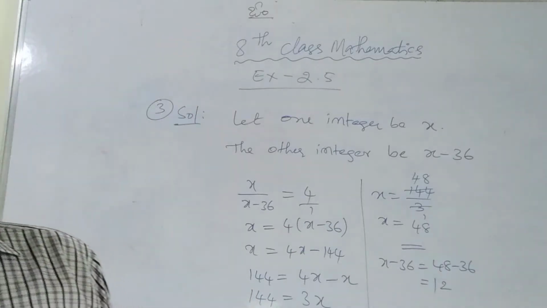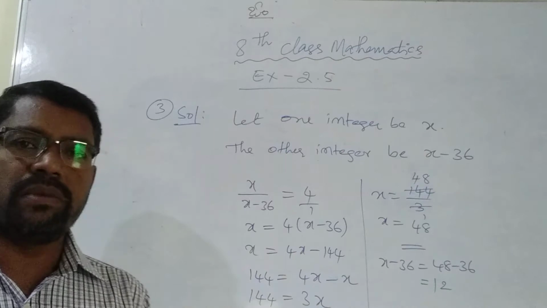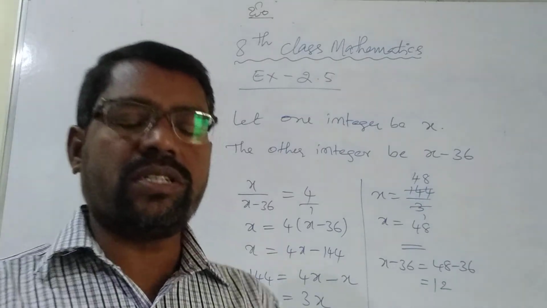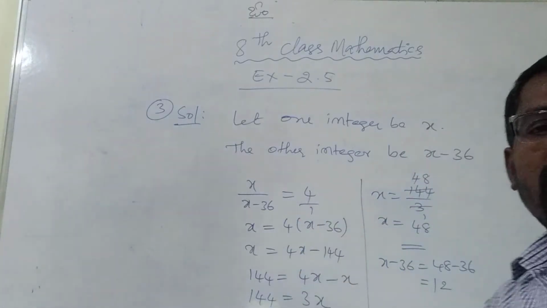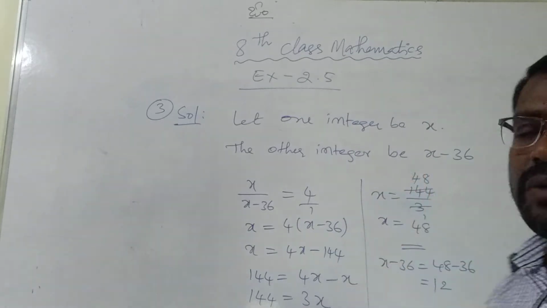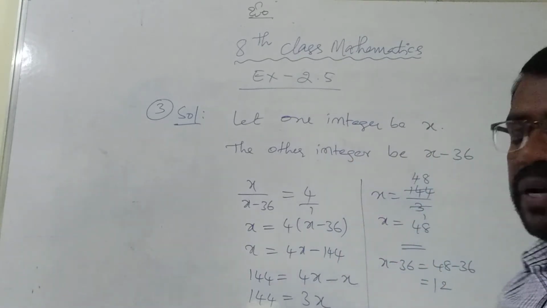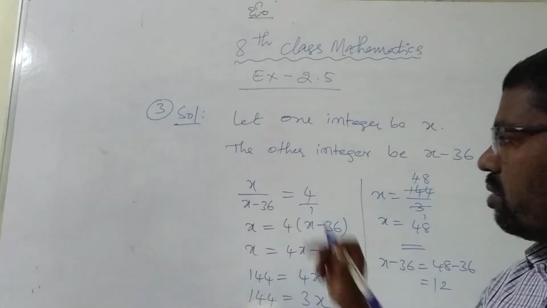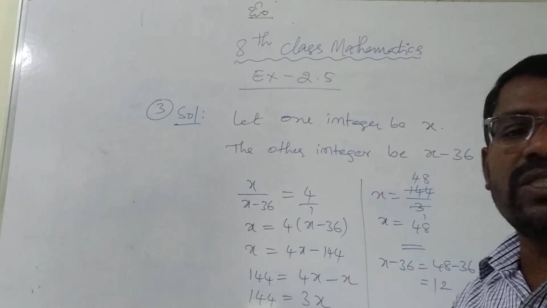So like this you have to see question number 3 in your regular mathematics textbook, 8th class linear equations, and easily you can find the answer very clearly. So let the first integer be x and the other integer be x minus 36. One is divided by the other, the resultant value is 4, the given quotient.